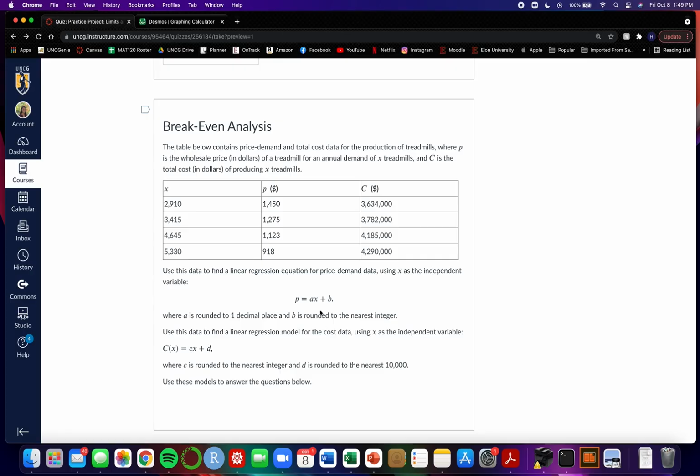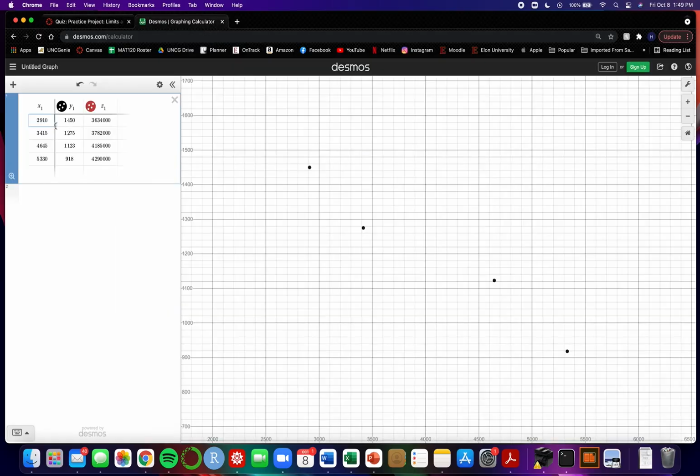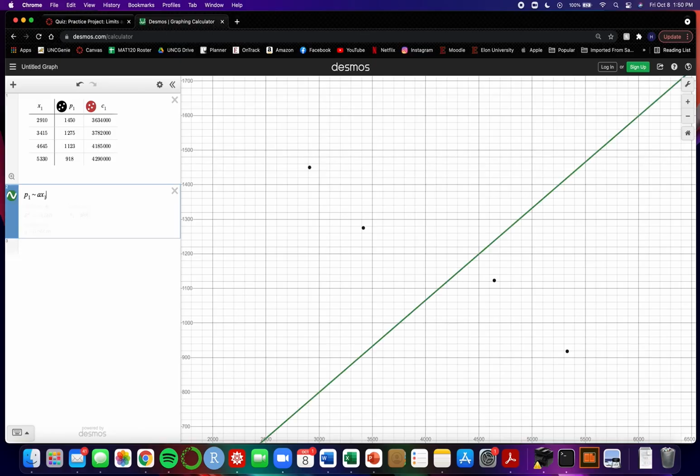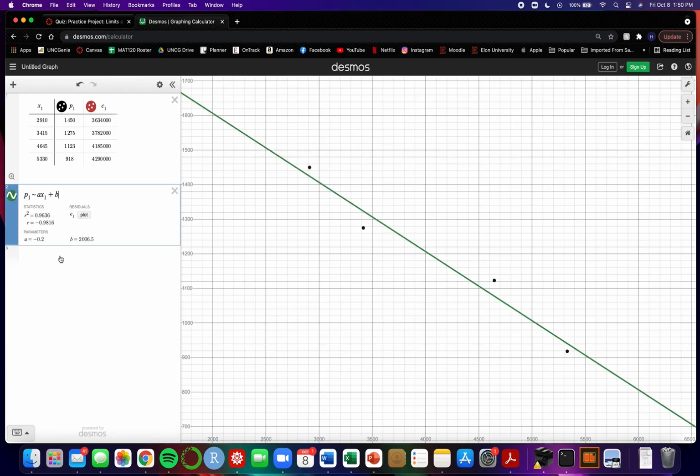This is my price, and this is my cost. This is my demand. So let's first make the price one. So P1. So it's a linear function, so I'm just gonna have AX1 plus a constant B. And then for our cost, I'm gonna have C X1. We'll use different letters plus D for the constant. So this is what I get.